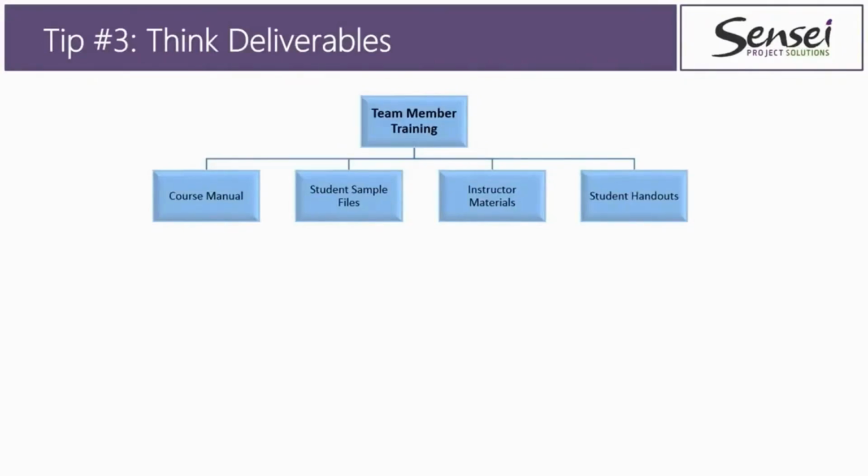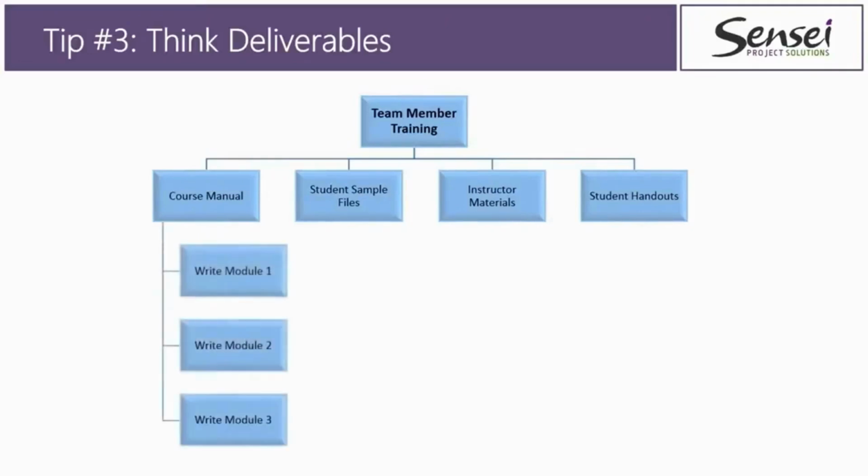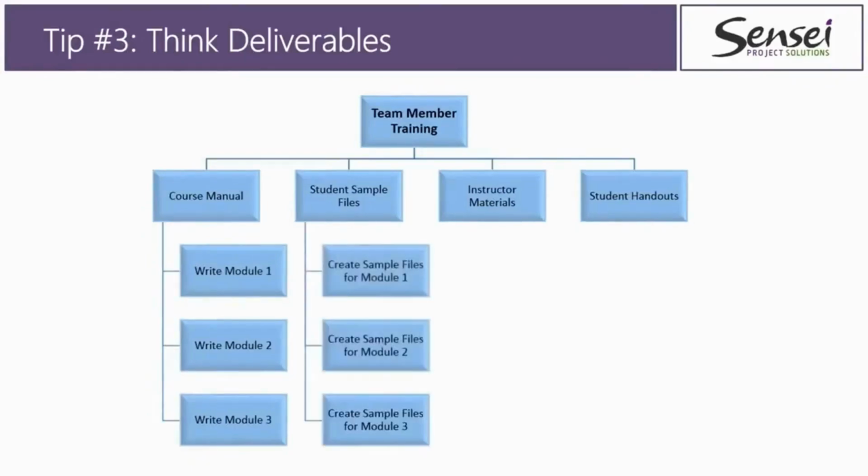Now, what does it take to create the course manual? So if we do some detailed planning, well, we need to write Module 1, Module 2, and Module 3. Now, how about the student sample files? What do we need to do there? Well, we need to create the sample files that go along with Module 1 and that content, Module 2, and Module 3.